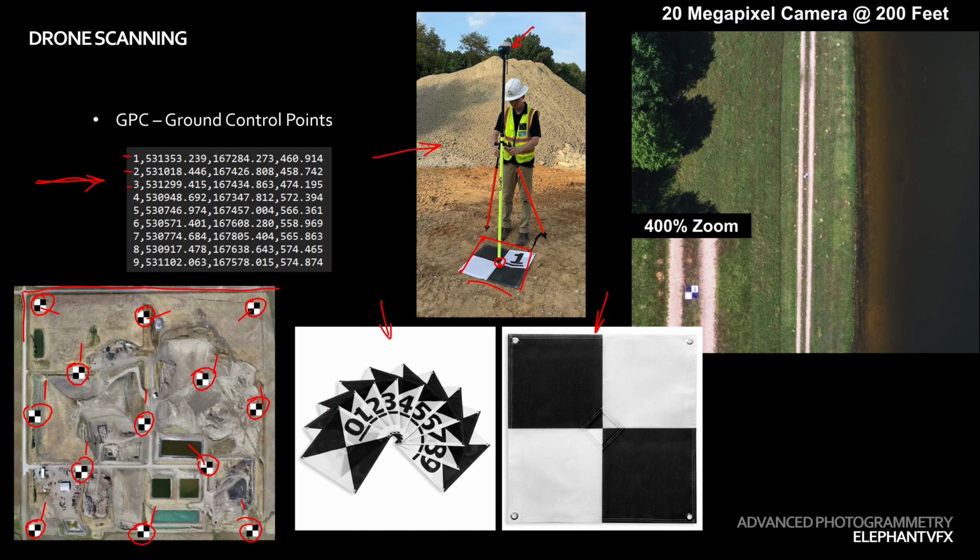They have holes here on the corners, so if it's a little bit windy, you can just use some camping hooks to place them on the ground, and that's it. And as you can see here, this is a 400 zoom from the drone, but the drone should be able to see these ground control points easily. Okay, great.